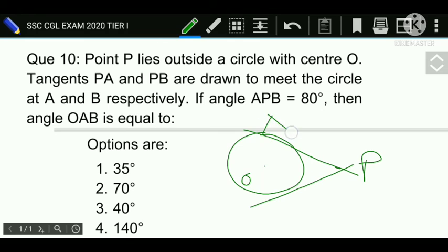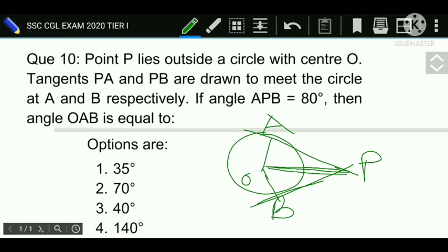So here we can take A, and here we can take B. This is the distance from center, and we can join these points like this.